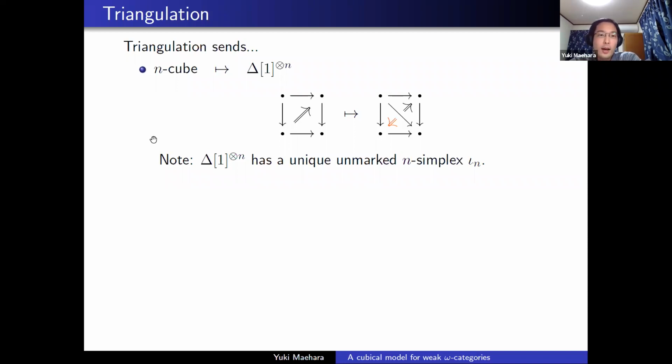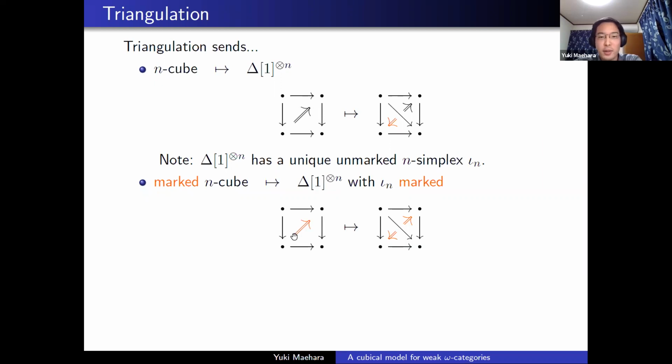Now, I gave this thing a name because we also have to figure out where to send the marked n cube. But the marked n cube is the n cube with the thing in the middle marked, and I just said that this thing in the middle corresponds to iota n. So we just send the marked n cube to this same object, but with the last unmarked thing marked.